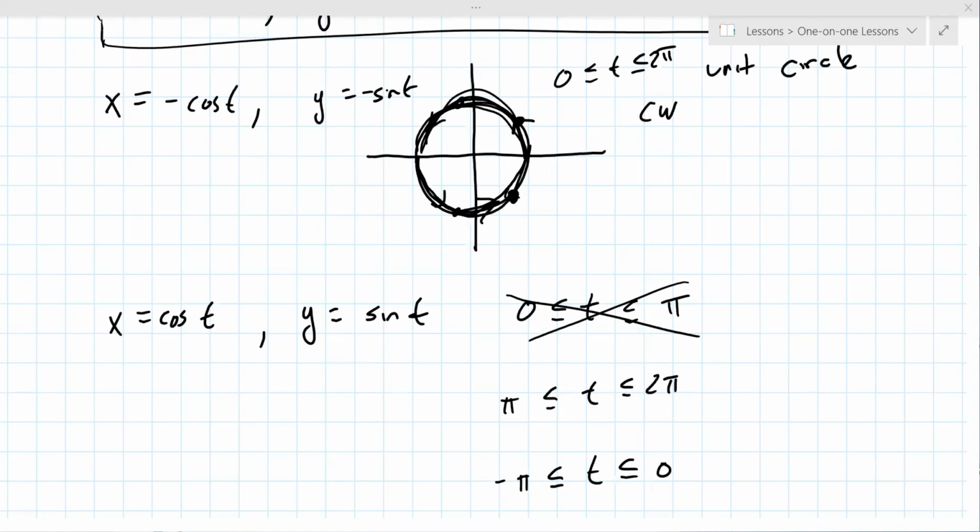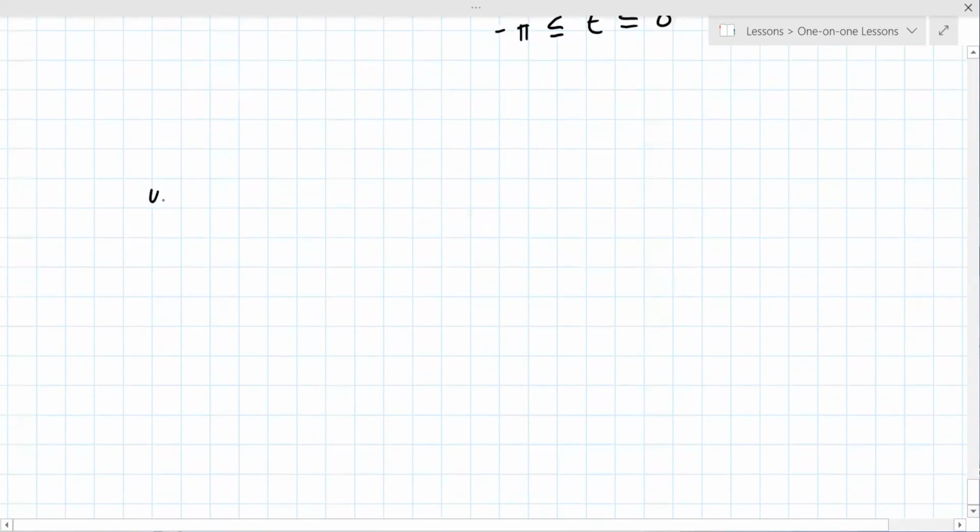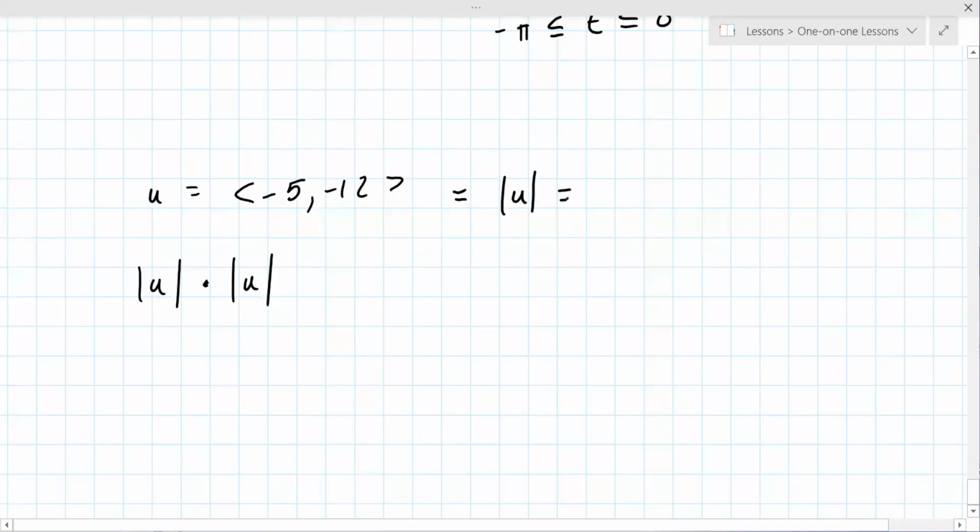One thing we did not talk about that I saw earlier is I could give you a vector. I could tell you that u is equal to 5 comma negative 12, and I could ask you for the magnitude of u times the magnitude of u. That would be totally reasonable. So what is the magnitude of u? Can you find that for me?